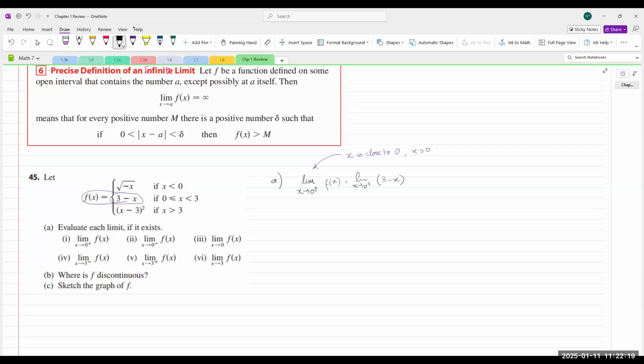So a piecewise defined function, that's what we start with, and we see which value we use from which side to know which function to use. And then from there we say, oh, this is already a polynomial, so I can just plug in the numbers. That's 3 minus 0, that equals 3.